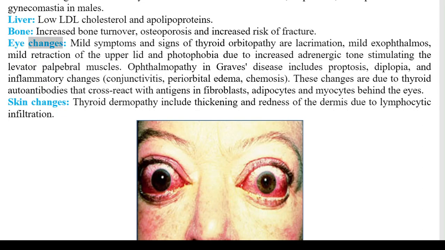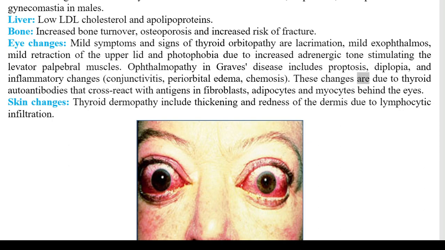Eye changes: mild symptoms and signs of thyroid orbitopathy are lacrimation, mild exophthalmos, mild retraction of the upper lid and photophobia due to increased adrenergic tone stimulating the levator palpebrae muscles. Ophthalmopathy in Graves' disease includes proptosis, diplopia, and inflammatory changes: conjunctivitis, periorbital edema, chemosis.